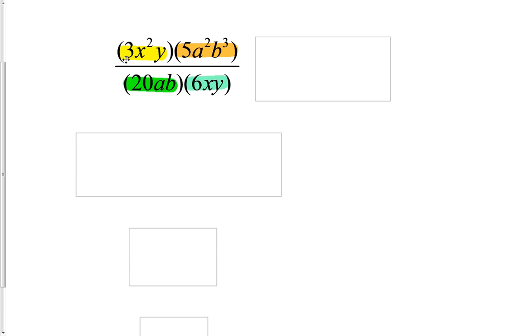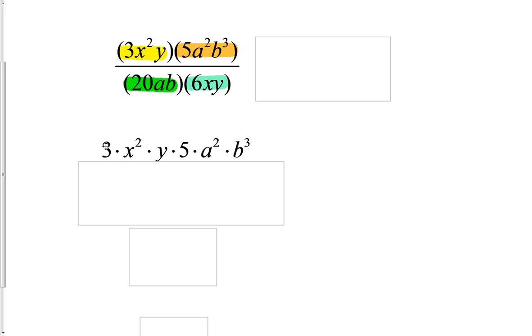What I want to do is expand the top, expand out everything that we have so that it's easy to cancel things from below. So 3 doesn't factor, so we'll just write that as 3. We have x squared, a y, a 5 which doesn't factor, an a squared, and a b cubed. And that's going to leave us with something like this on our numerator.